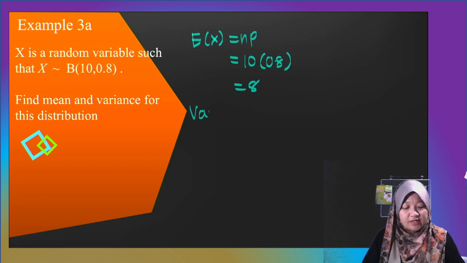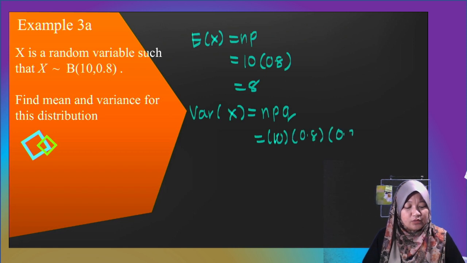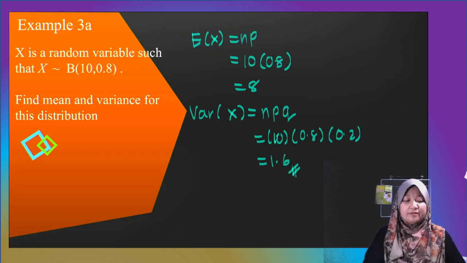Untuk cari variance, formula dia is N times P times Q. So, N is 10, P is 0.8, Q is 0.2. So, we have 1.6. Super easy. Okay, next.